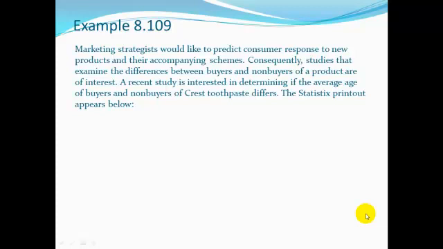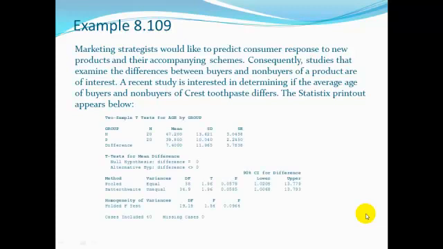We want to compare the mean age of purchasers of Crest toothpaste and non-purchasers. That's what the N and the P are. Now again, because N comes before P, statistics is going to choose N as the first group. So really the printout here is a printout of mu N minus mu P, the mean of the non-purchasers minus the mean of the purchasers.